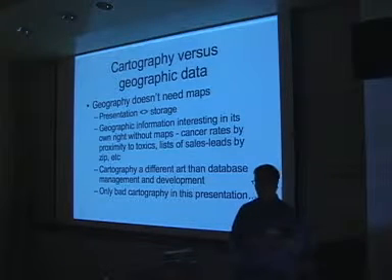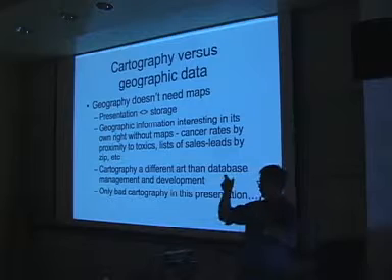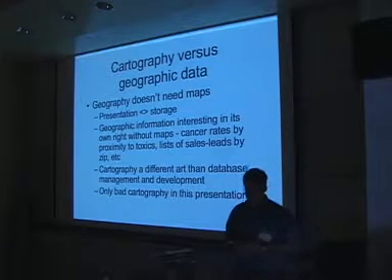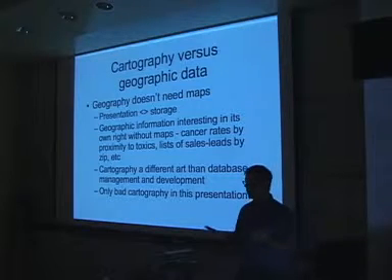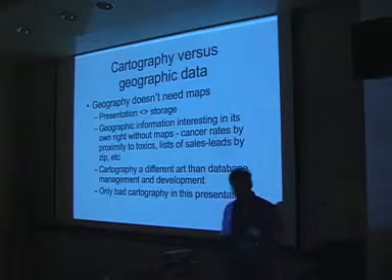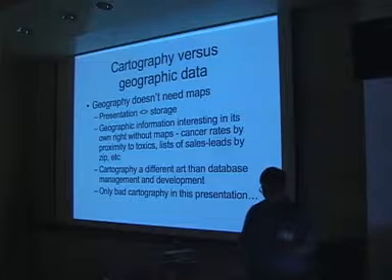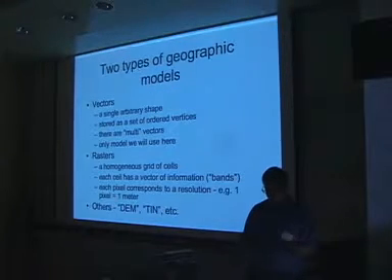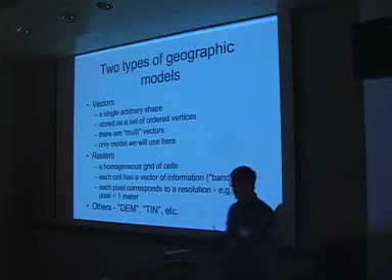Cancer rates by proximity to a toxic site, for example, which would just be a list of rates and a list of distances. List of sales leads by zip code, whatever. That doesn't need a map to be geographic and important or useful. Cartography, different art, and like I say, you'll see a lot of really bad cartography in the following presentation. I'll keep it to a minimum. I'll try to mostly do words, but there you go.